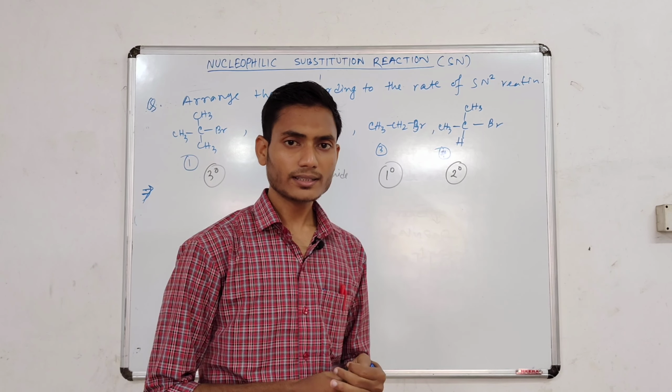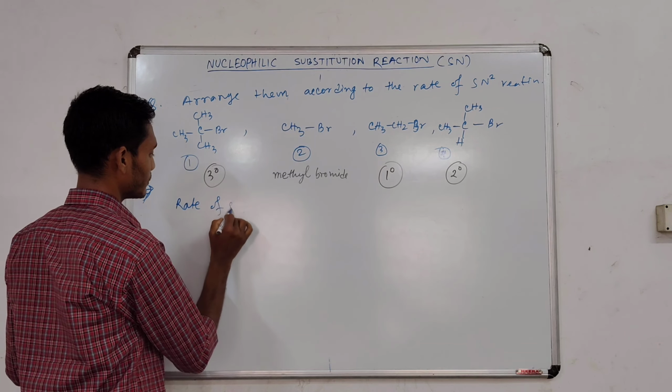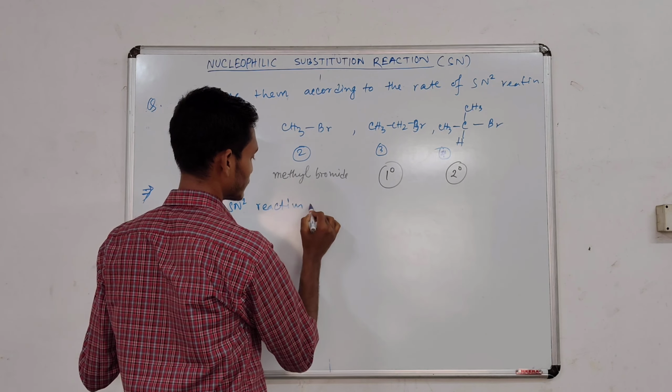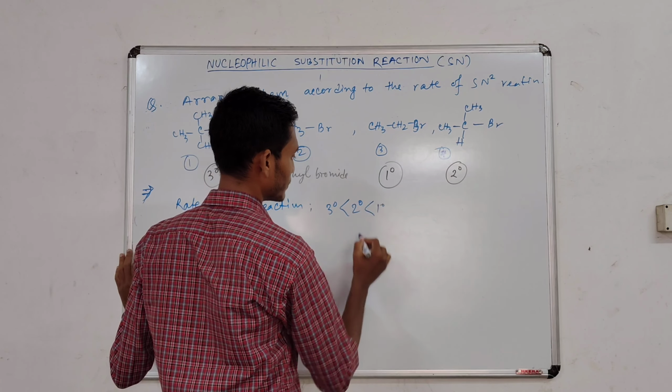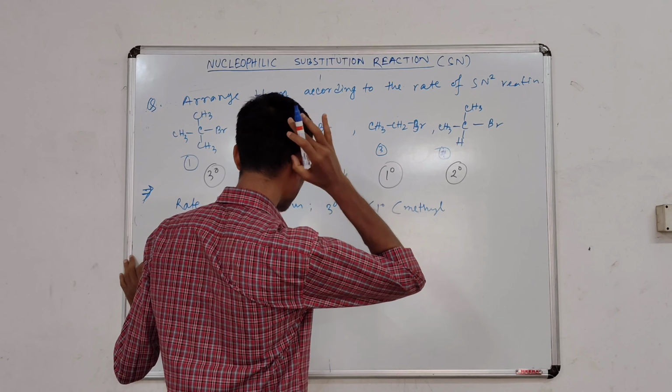We already know that the rate of SN2 reaction is: 3-degree is less than 2-degree, less than 1-degree, less than methyl halide.